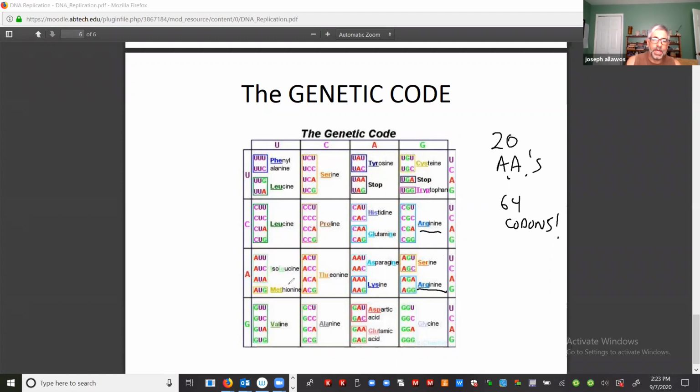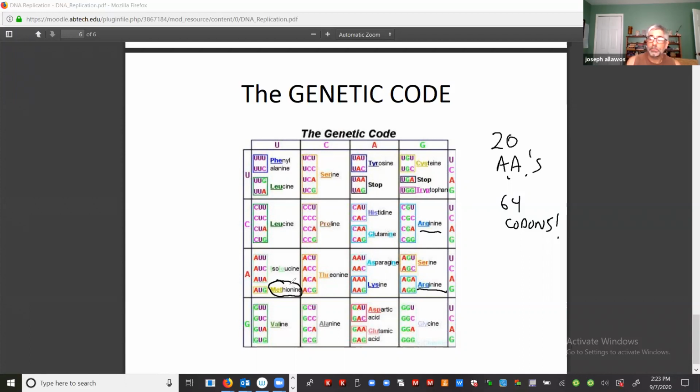Now here's the thing, MET is very important. Methionine is important because it's always what we call the start amino acid. All proteins start with methionine, and sometimes it gets cut off later.